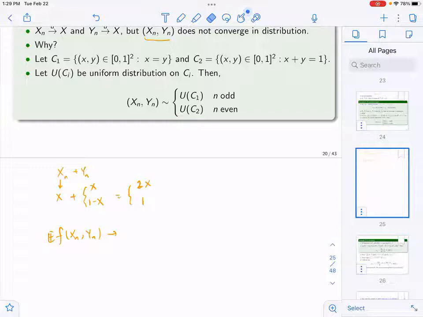Let's say I define a proper function: x plus 1 if x plus 1 is in 0 to 2.